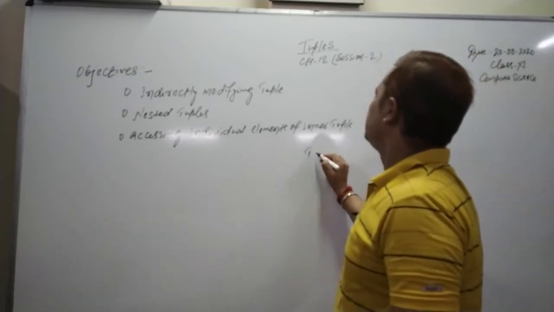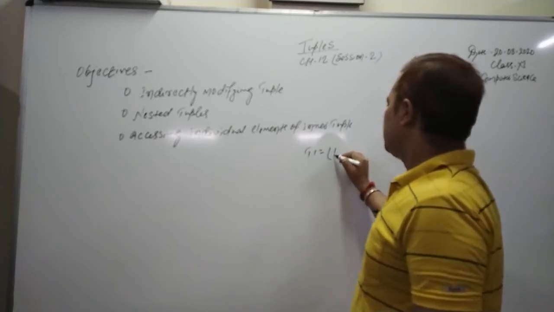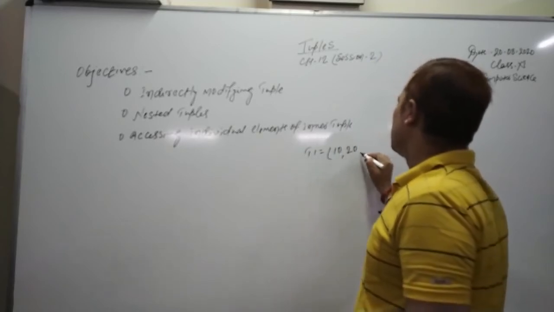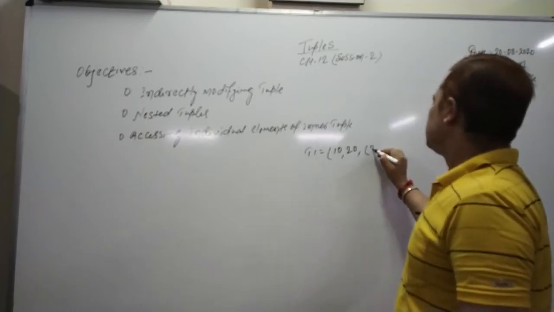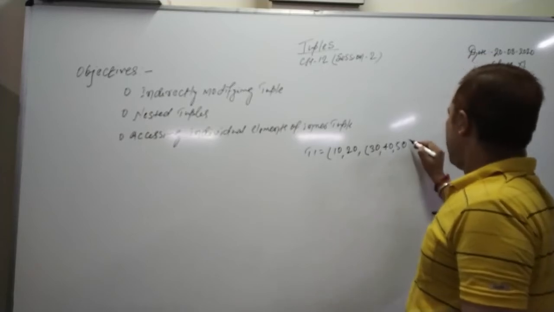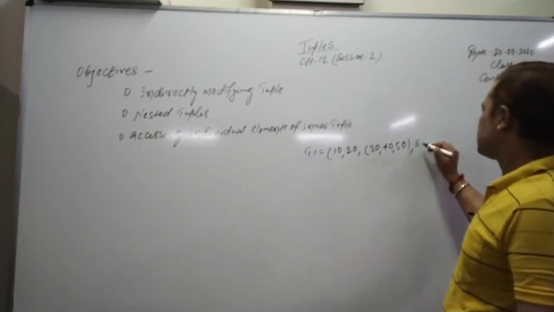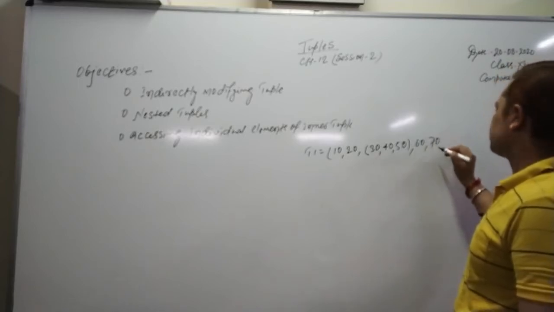For example, T1 is a tuple like 10, 20, and then we have a tuple itself like 30, 40, 50, and you may have different elements after that also, like 60, 70.